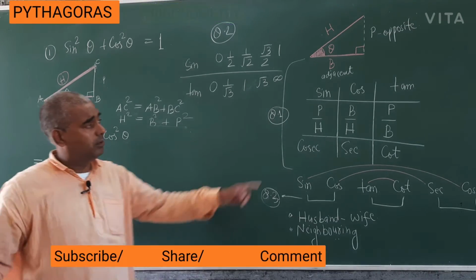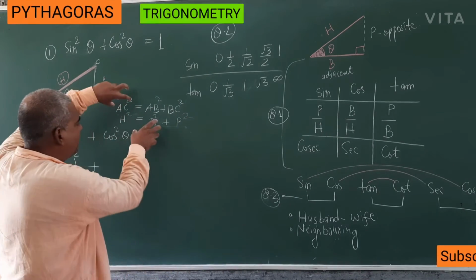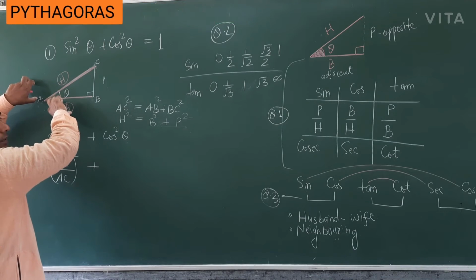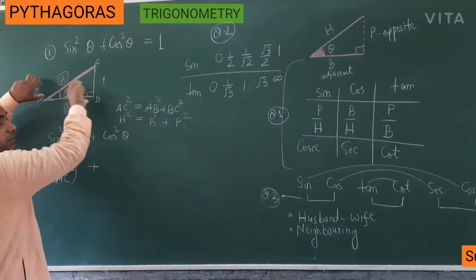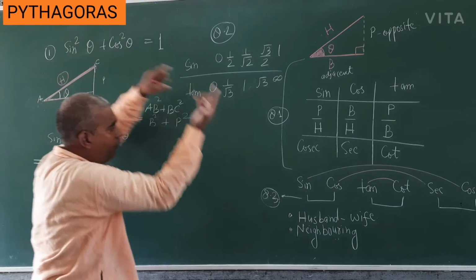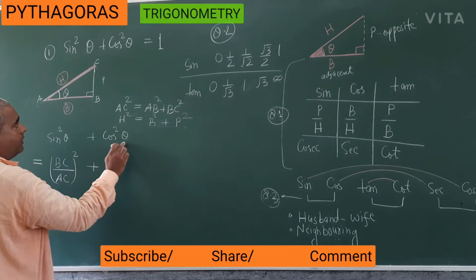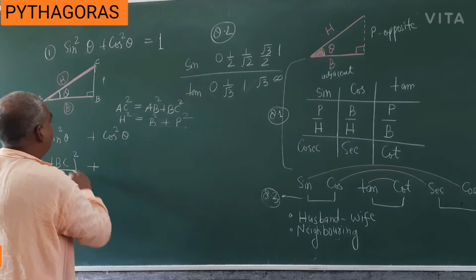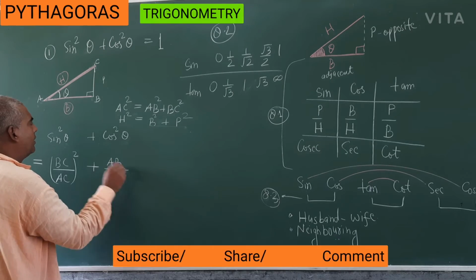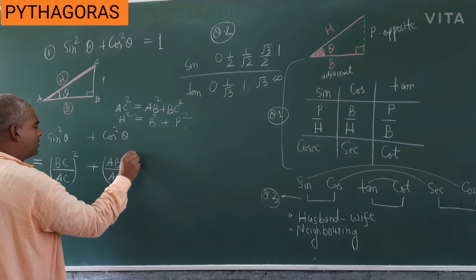Cos theta is equal to, again from the definition, yeah? See, just like Pythagoras theorem was proved with the help of 6.3 basic proportionality theorem, similarly this is proved with the help of definitions. Okay, cos square theta, base by hypotenuse, base that is AB, hypotenuse that is AC, to the whole square.